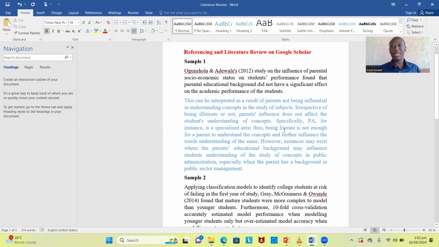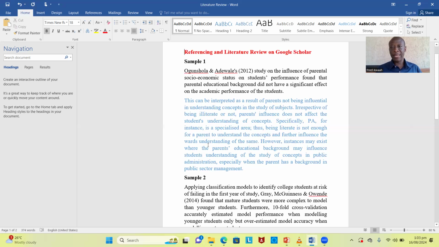Thus, being literate is not enough for a parent to understand the concepts and further influence one's understanding of the same. However, instances may exist where the parent's educational background may influence students' understanding of the study of concepts in public administration, especially when the parent has a knowledge in public sector management.